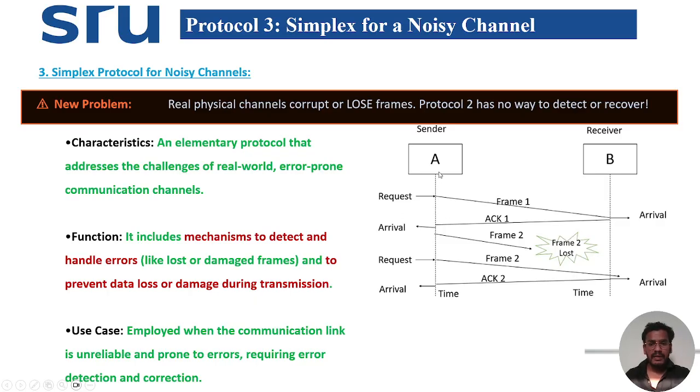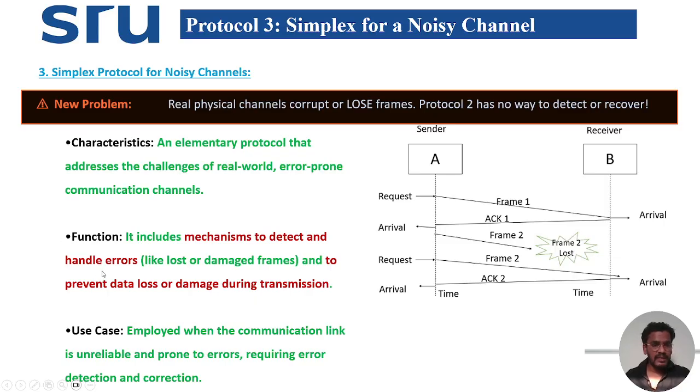For example, the sender sends the frames to the receiver side, then gets feedback from the receiver, and is then ready to share the next frame. While sharing the next frame, if data is lost or not properly received by the receiver, that time we use the simplex protocol for a noisy channel.